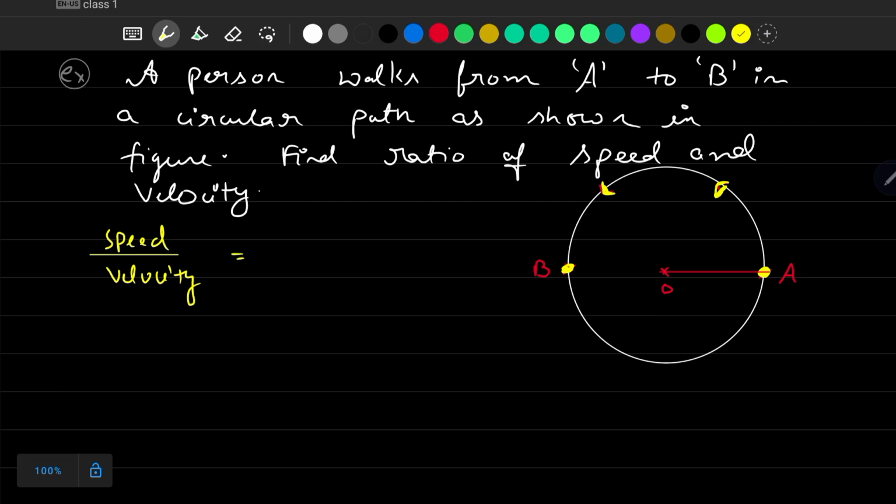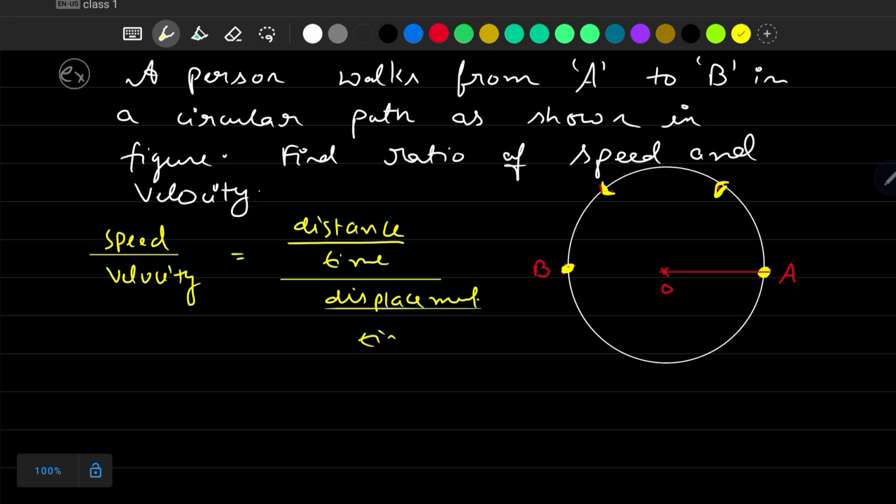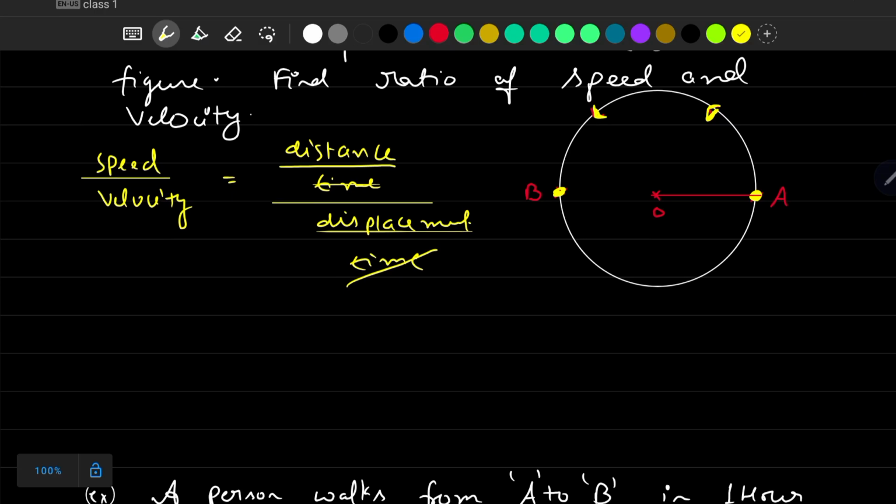We know that speed is nothing but distance upon time, and velocity is nothing but displacement upon time. So time and time will get cancelled and we are left with distance upon displacement.